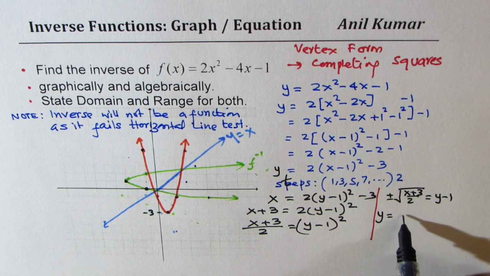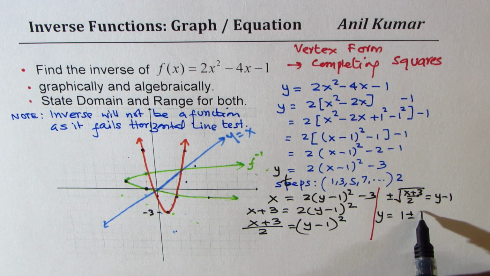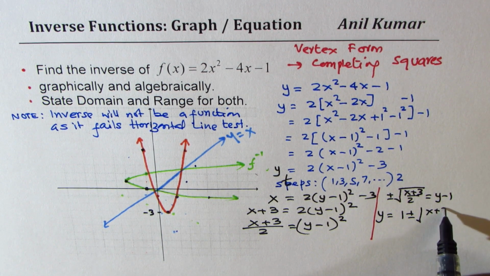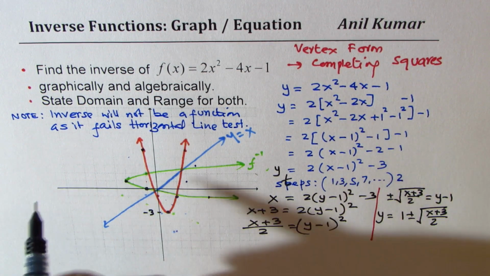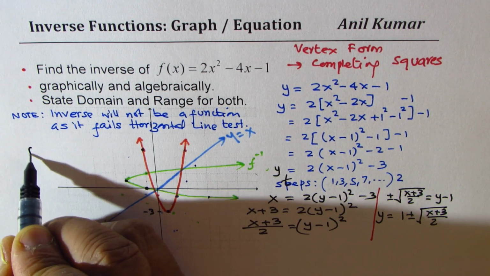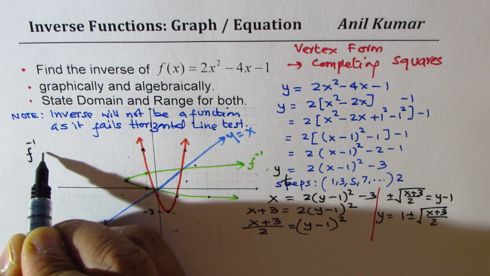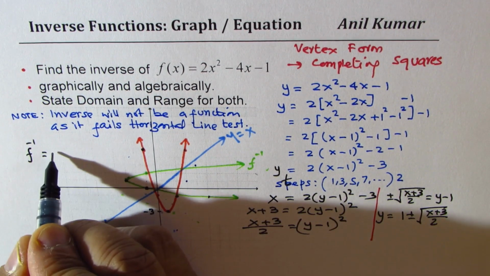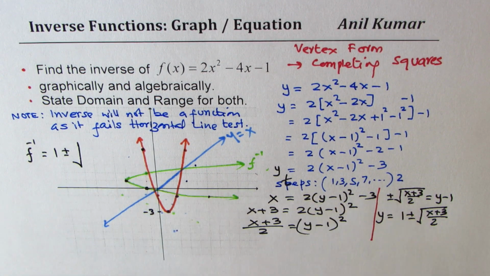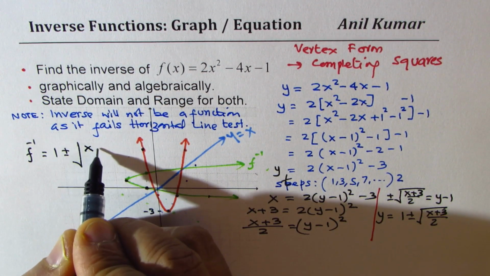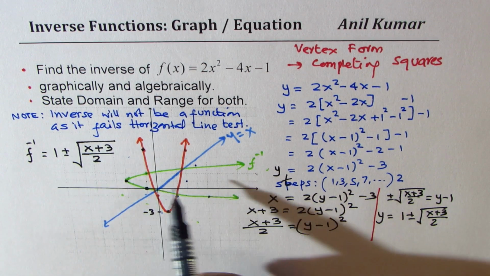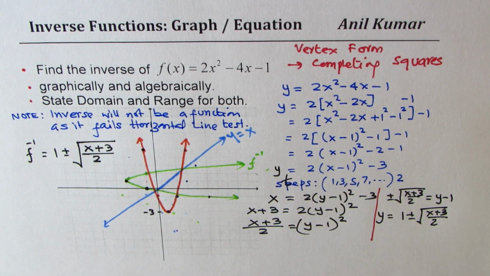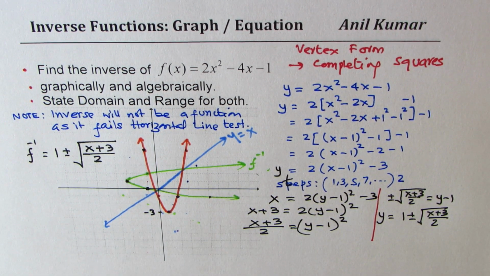So we can write y as 1 plus minus square root of x plus 3 over 2. So that becomes the inverse of this function. So let me rewrite the inverse of the function right there. So f inverse is equal to 1 plus minus square root of x plus 3 divided by 2, which is shown here in green. Right?